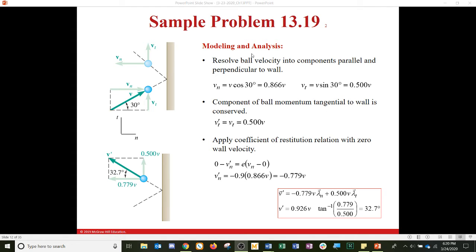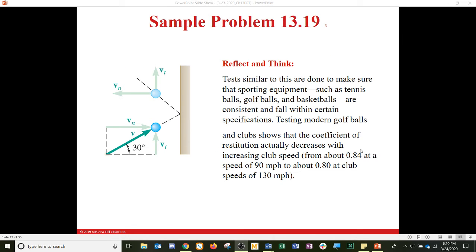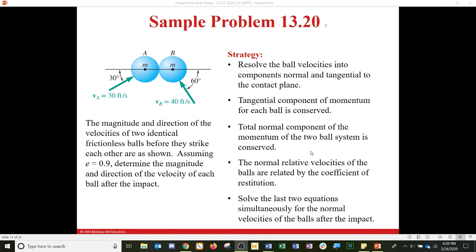So you can step through these, and I encourage you to do so. I encourage you to try out the problem and see how your method compares here. And then these reflect and think prompts help you apply this a little bit further. Again, this is for you to read, but I want to highlight the sample problems. Sample problem 20 deals with 2 moving objects rather than a ball hitting a wall.